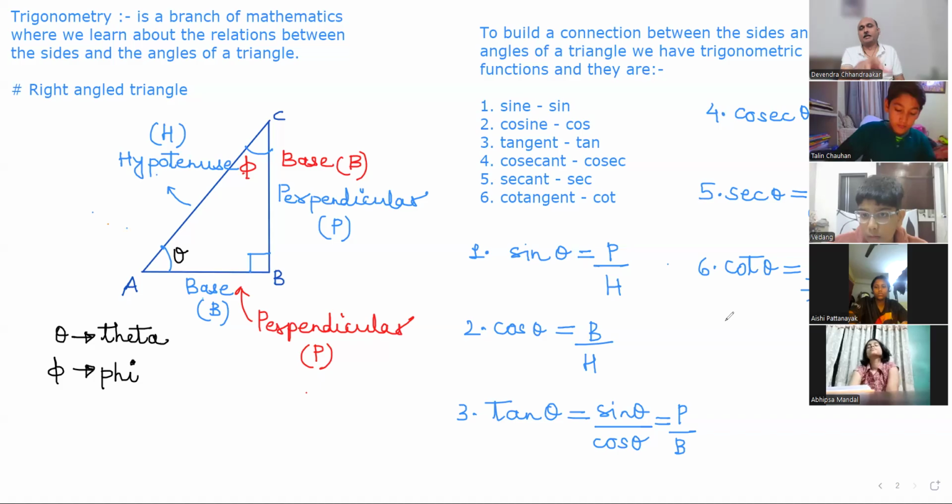What you understand from this slide is, number one, what is trigonometry, and what is the relation between the sides and the angles of the triangle. And for the first time you understood how the sides of the triangles are named based on the choice of the angle. This you were not aware of, right?